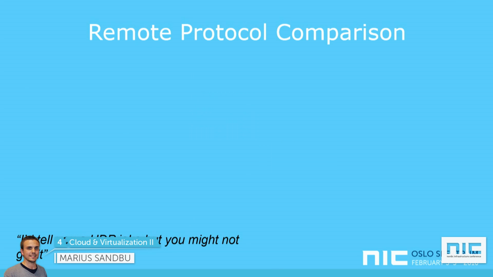So what about the differences between the different display protocols? Because our goal when delivering a terminal service is, of course, the end user experience. So RDP as such has always used TCP port 3389, but it can now use UDP as well.